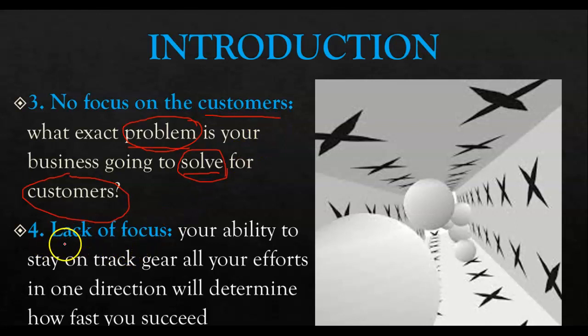And the next one is lack of focus. So over here we read, your ability to stay on track, and then gear all your efforts in one direction, will determine how fast you succeed. Yeah, so it's very important.